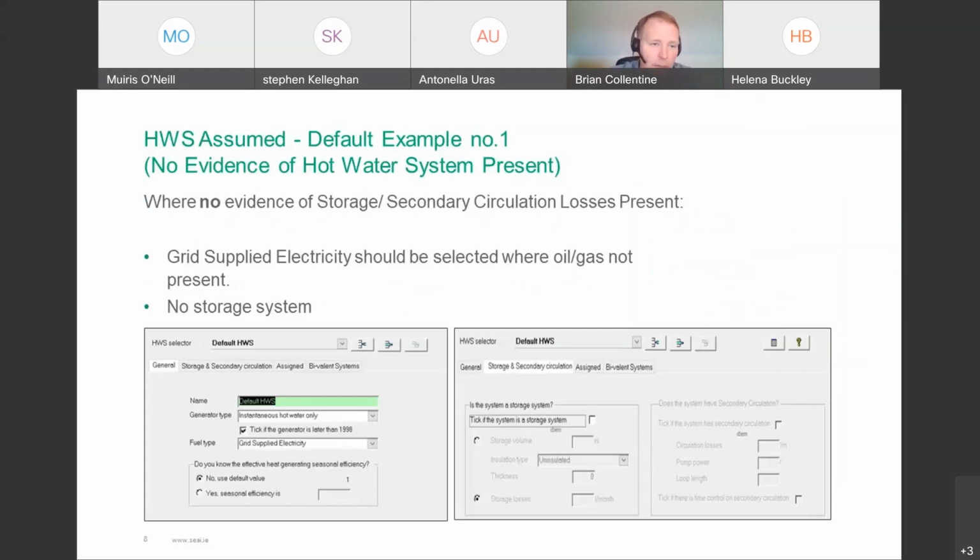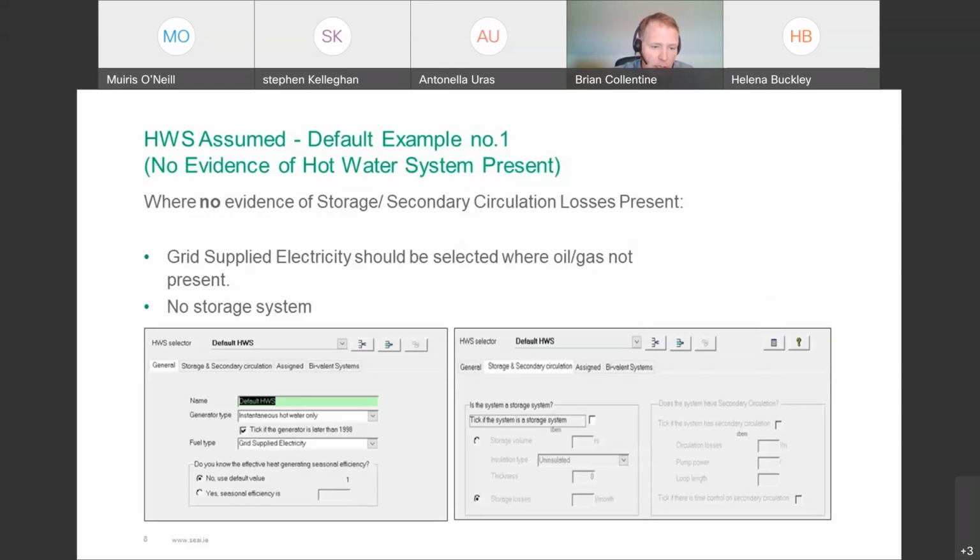So here's default example number 1, fairly straightforward. We have no evidence of hot water system present, so no evidence of storage or secondary circulation losses either. Here we have a grid. On the left-hand side, instantaneous hot water only is your default from A4.3. In this instance, we're greater than 1998 in terms of years, so we've ticked that.